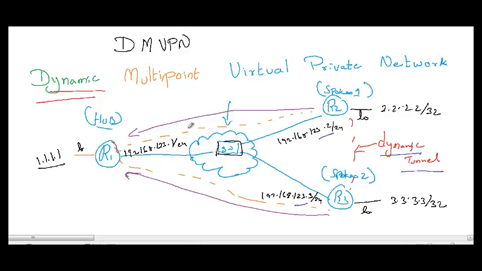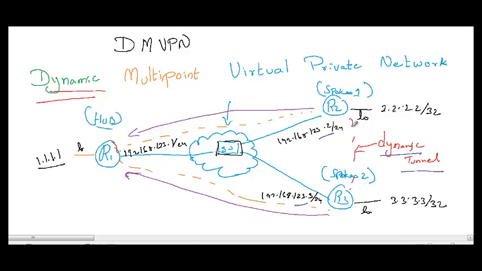So initially, for R2 to learn about R3, it needs R1's help, and vice versa. Once they form the dynamic tunnel, they do not go through R1. They can go directly.